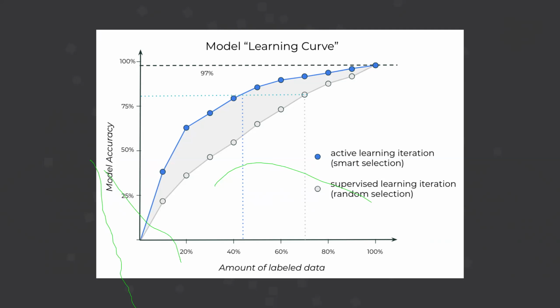The first approach is the active learning approach, represented by the blue circle, and the second approach is the semi-supervised learning iteration, represented by the gray circle. You can see there is a big difference in the middle, where the active learning approach performs much better than the supervised learning approach.